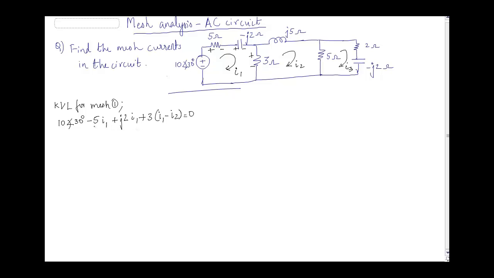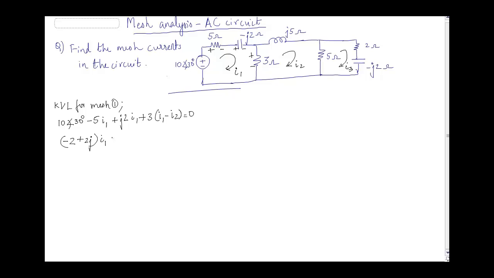In i1, we are having 5 real value, 3 real value, and 2 imaginary value. So I will write minus 5 plus 3, which is equal to minus 2, and in imaginary value I am having only 2j, so plus 2j i1. So as you can see, I have not added up the real and the imaginary value. I have written it as an algebraic sum.